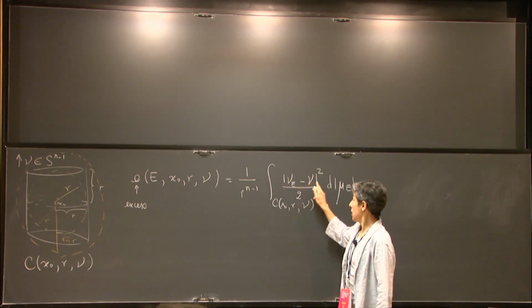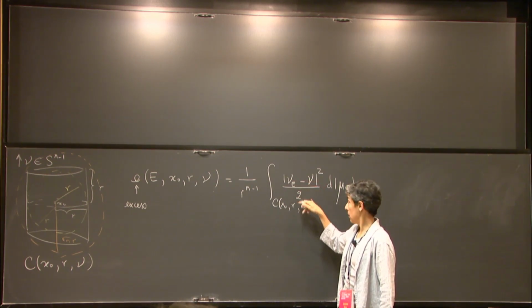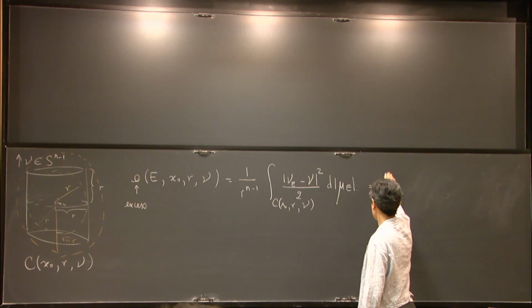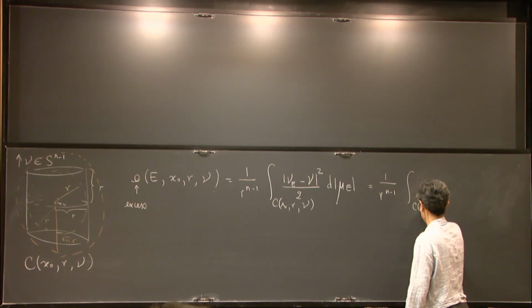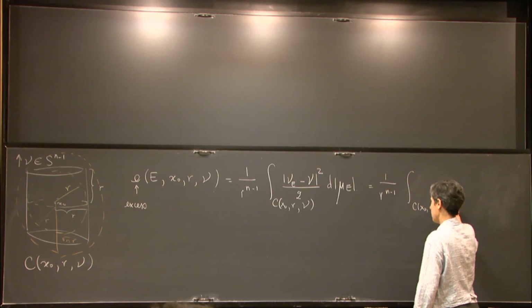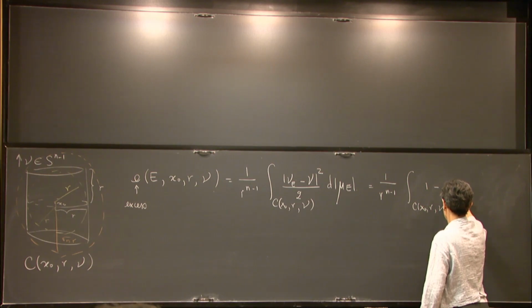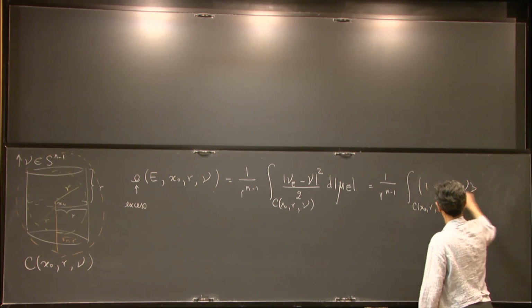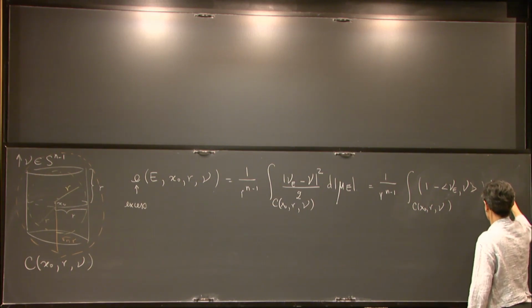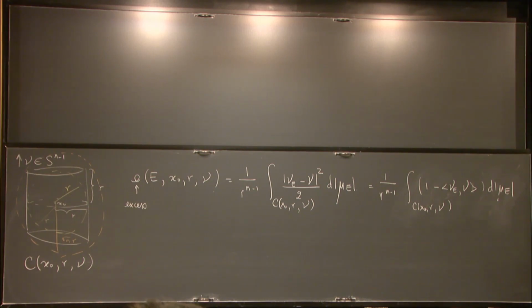So this is a 1. This is a 1. So I have 2 minus 2, the inner product. The 2 disappeared, and this is the same thing. Let's see, of x naught r, nu of 1 minus nu_E, nu d nu_E z.